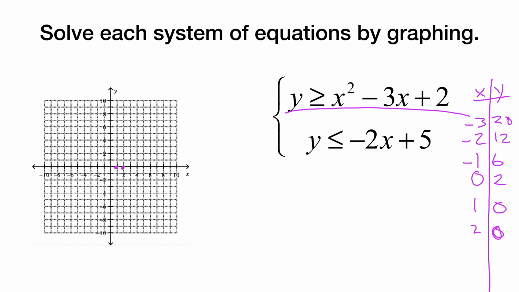So, let's see, 3 is going to end up being 2, 4 is going to end up being 6, 5, 12, and that's probably enough. So, let's see. 2, 2, 6, 6, and a little bit too high.